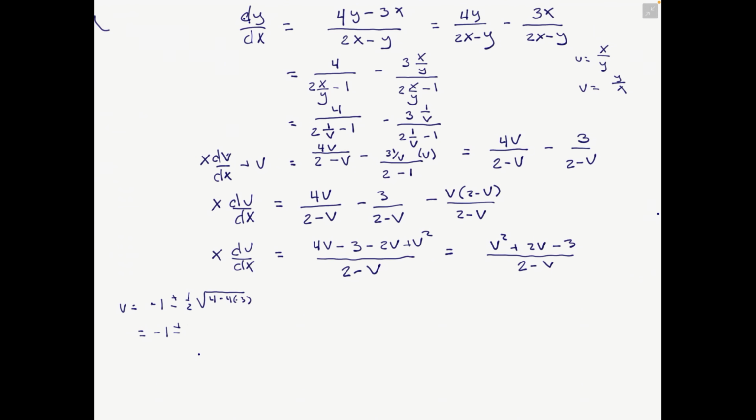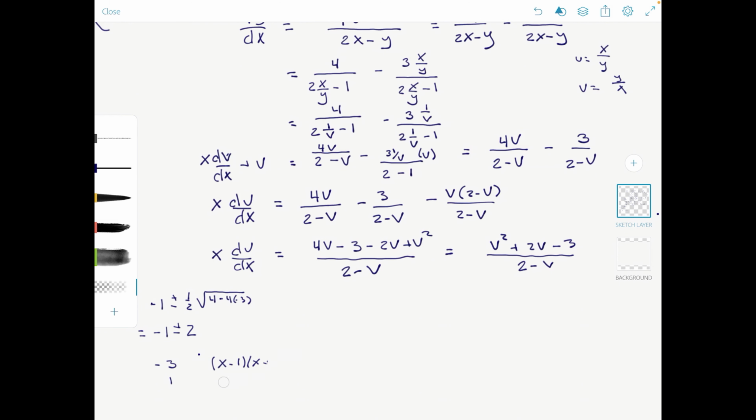So let's streamline it. We got minus 3 and 1. So we have v minus 1 times v plus 3. Yeah, let's not confuse it.